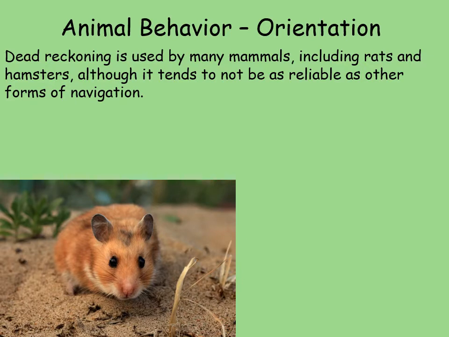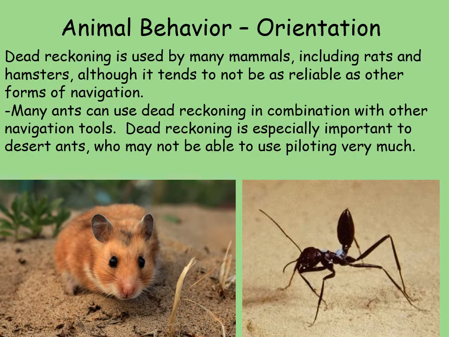So this process of dead reckoning is used by many mammals, including rats and hamsters, although it tends not to be as reliable as other forms of navigation, because if you're off a little bit in your calculations, then you can arrive at a place that's pretty distant from your home base. A lot of ants can use dead reckoning in combination with other navigational tools.